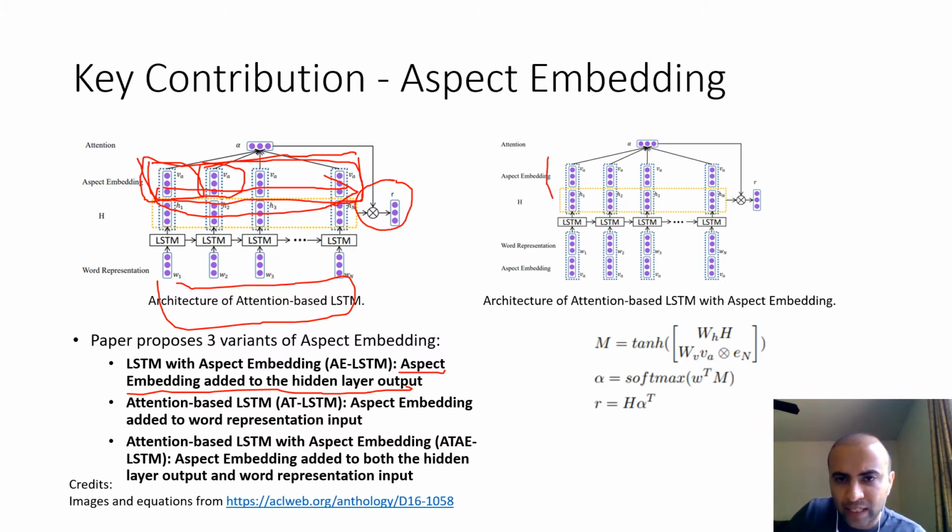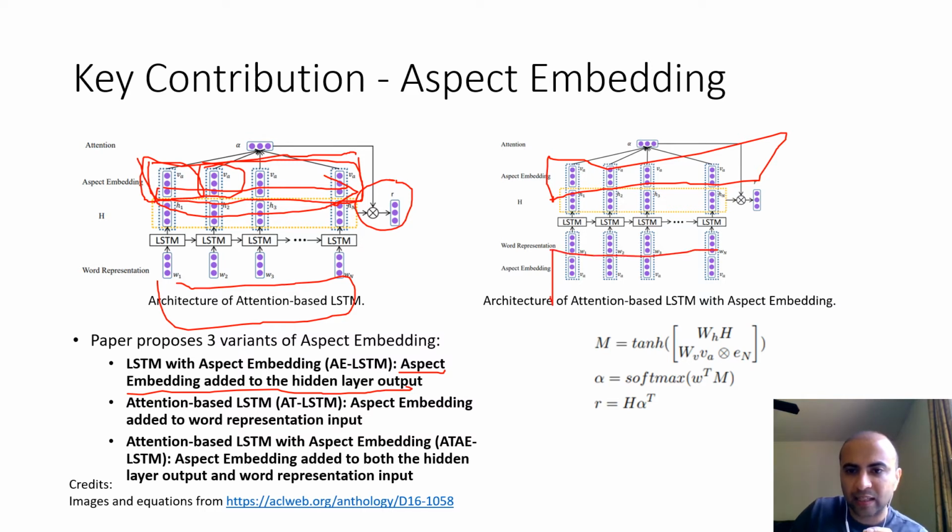So we can see that the aspect is added to both the hidden layer output as well as the word input. The intuition behind this kind of embedding is that when these LSTM networks are learning the features of the input, it's weighted by the aspect.